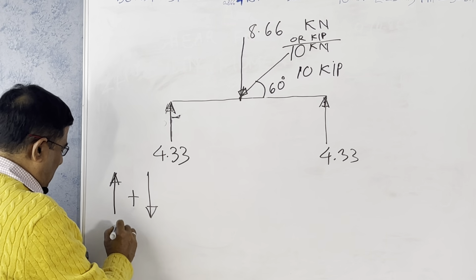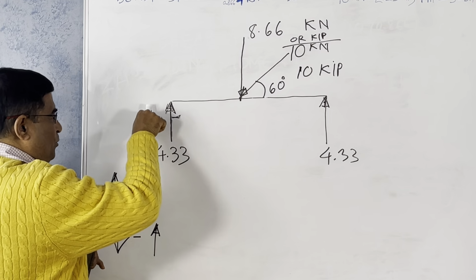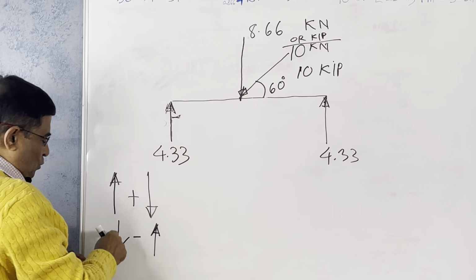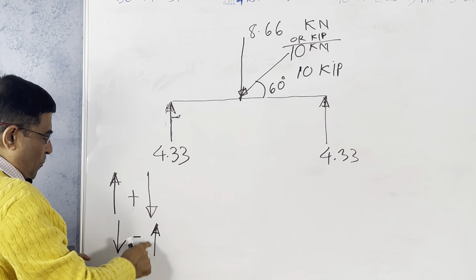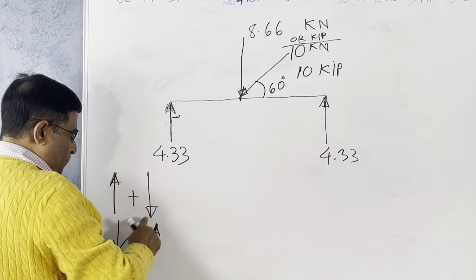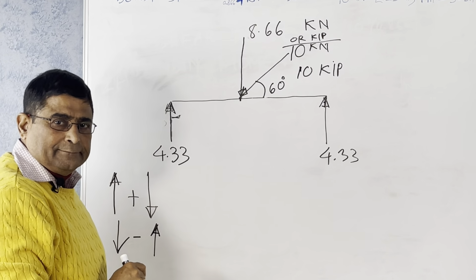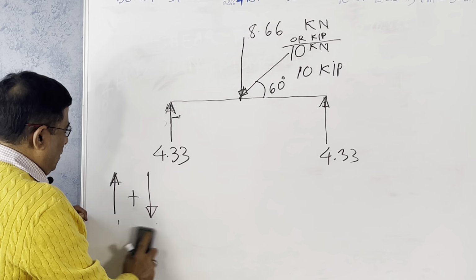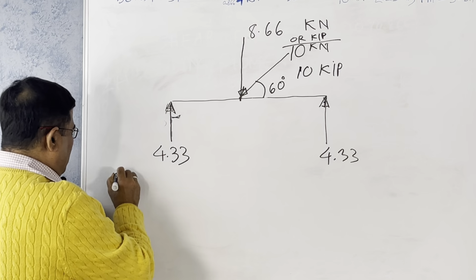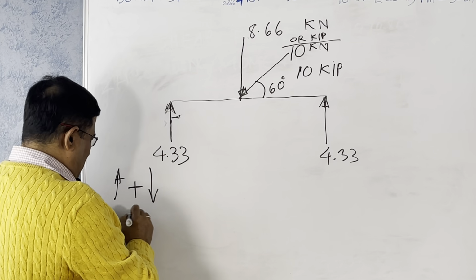Downward force is negative from left to right, upward is negative from right to left. This is the convention we will be using.